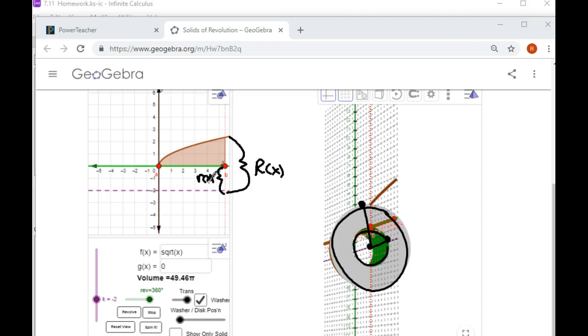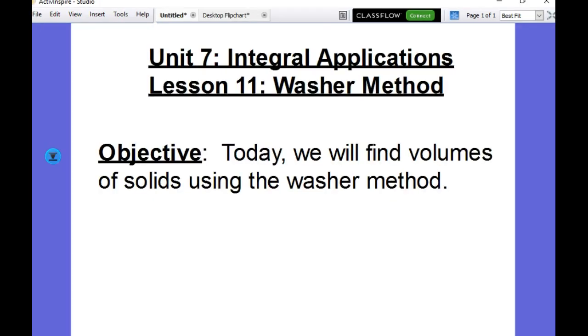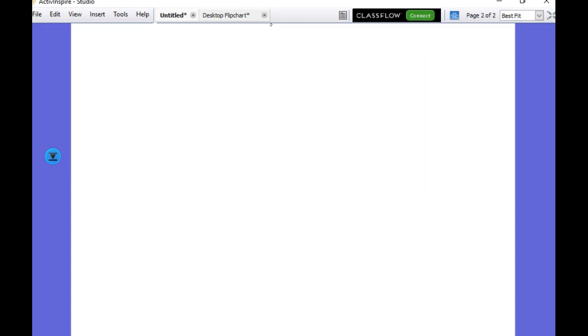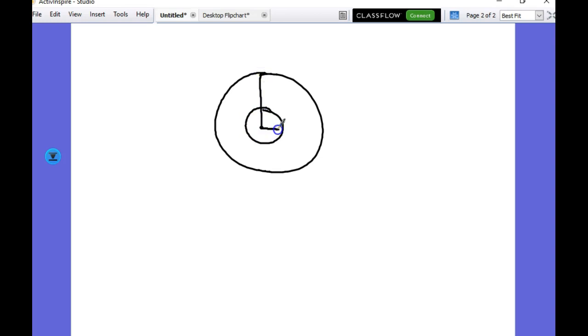Okay. Now, really quick, if I asked you guys to find the area of a washer, what would you do?